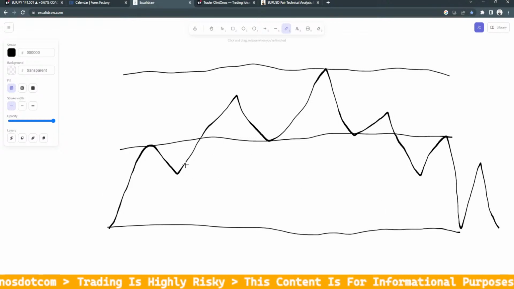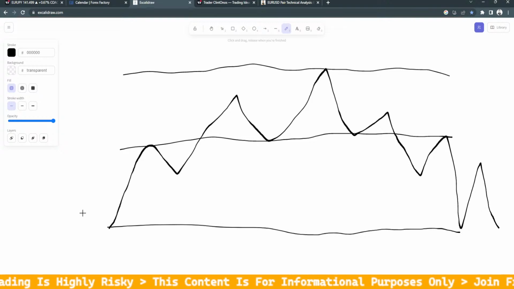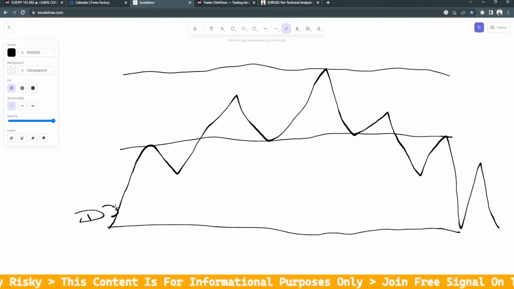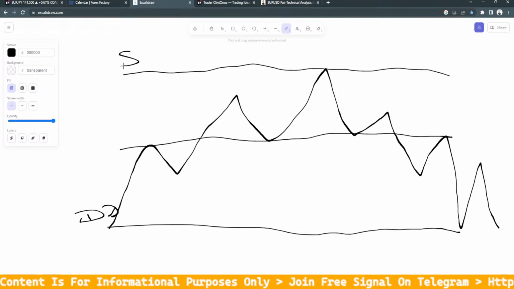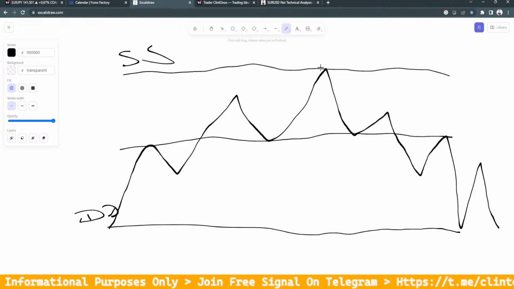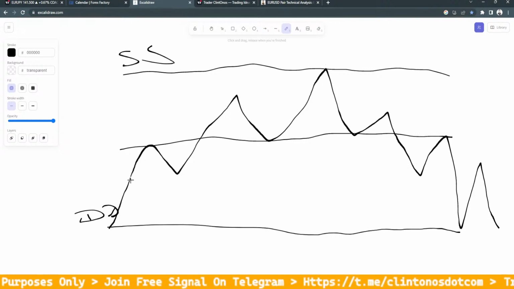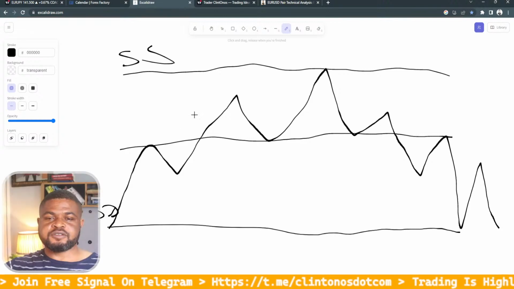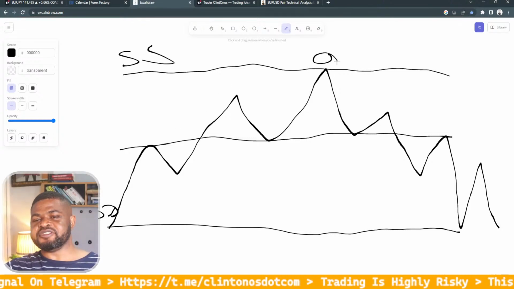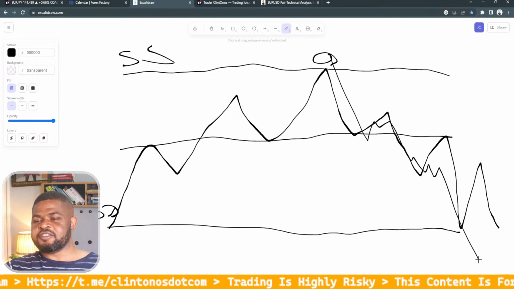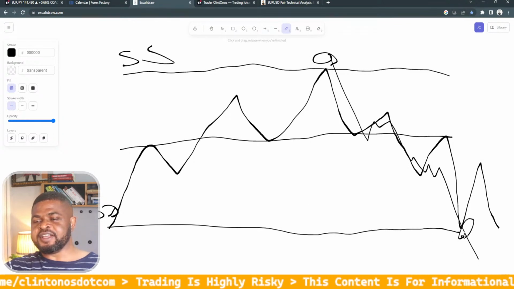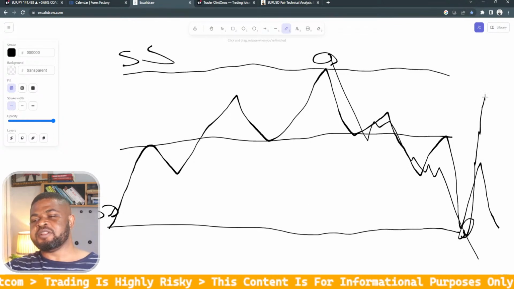So we assume that this is a demand, and of course this is a supply. So when price moves from demand to supply, price rejected at supply and is moving downward to demand again. If there's enough demand, price might likely push forward.